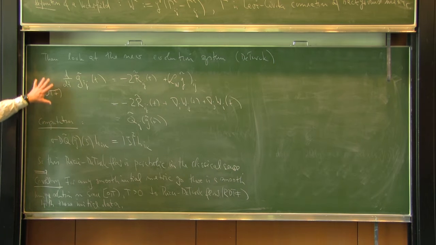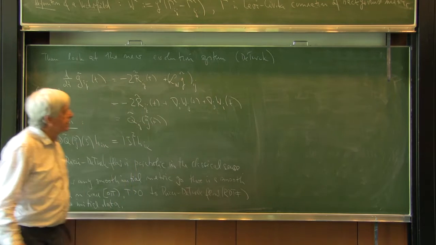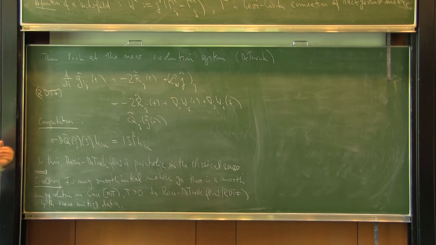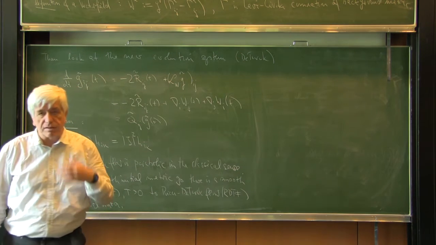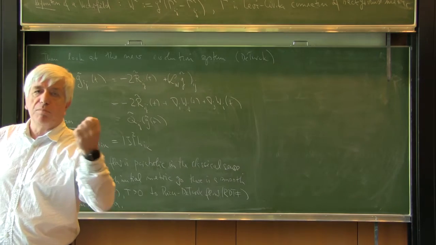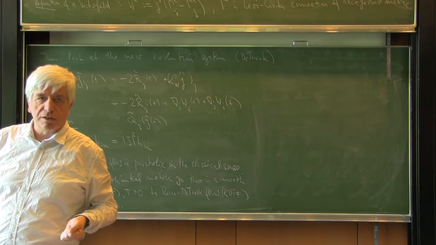Okay, so we can solve this flow, and now, since this term here is just the Lie derivative along this vector field W, the idea is to take the time-dependent diffeomorphism associated with the vector field W to just pull back in the other direction and get a solution of Ricci flow.